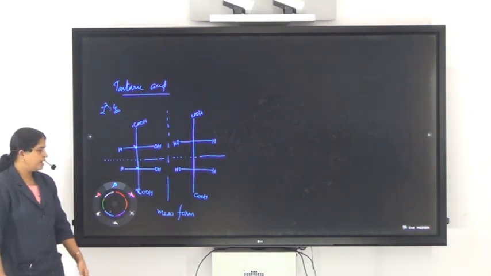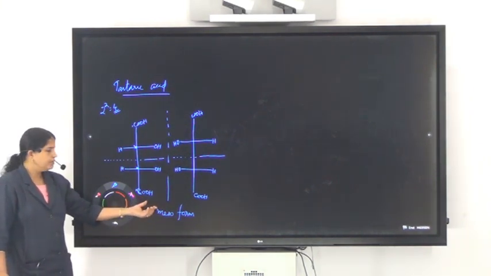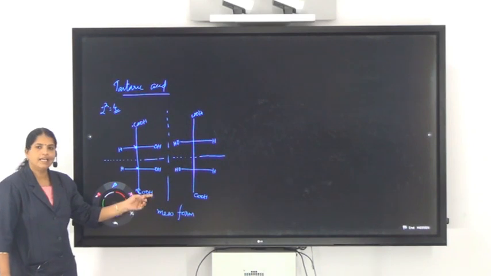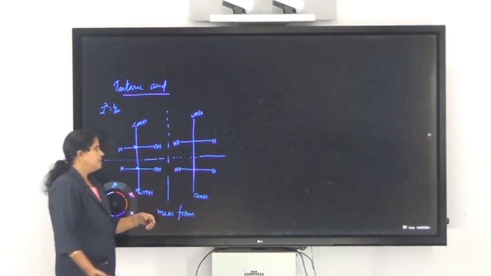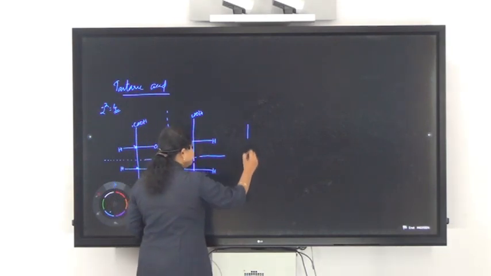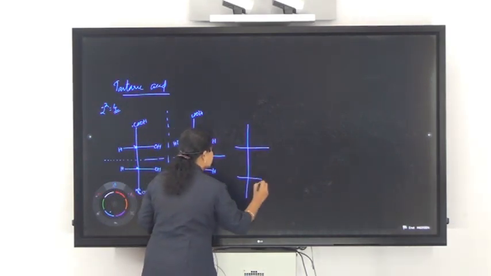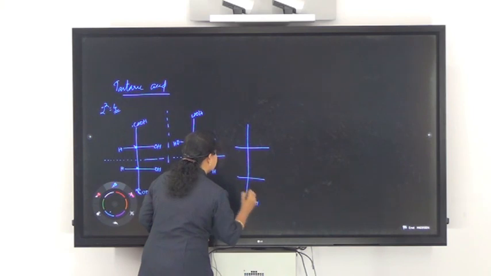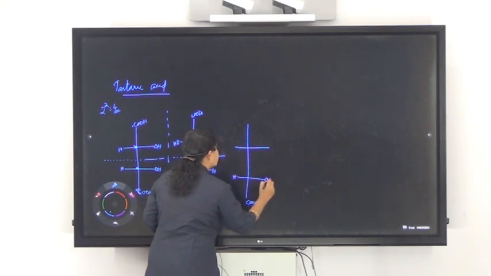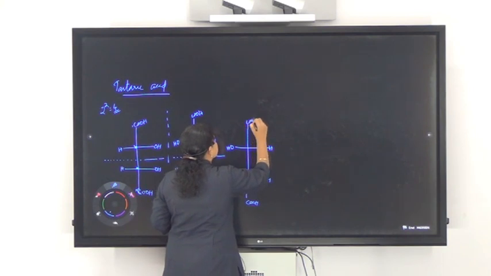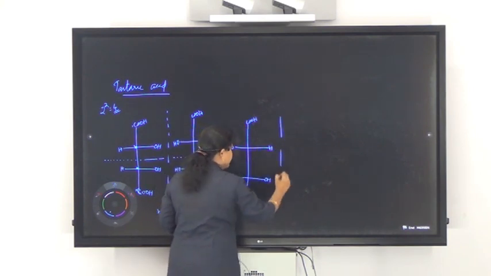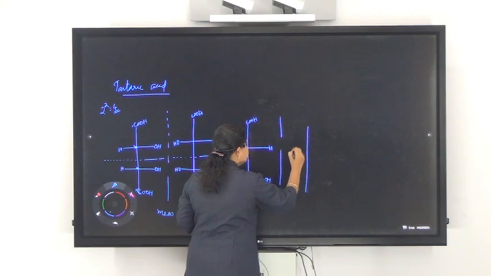So, meso forms are isomers which are optically inactive due to a plane of symmetry. Then the other isomers: take the mirror image of this one.